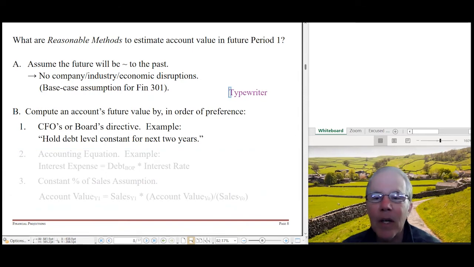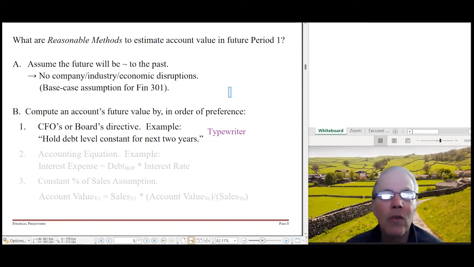Next up, we're going to compute an individual account's future value in one of these three ways in order of preference. This is important. This is something that should maybe make it to your helper sheet for exam 3. So first thing is, we're going to ask the question, has the CFO or the board of directors given us a directive for this account value in a year?